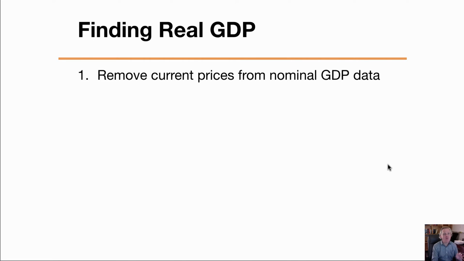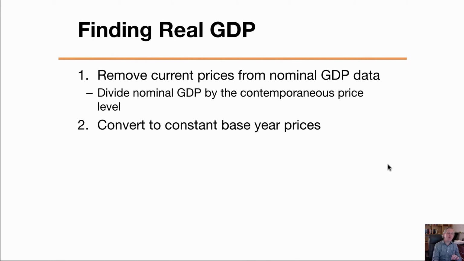Well, we remove current prices from the nominal GDP data. We divide nominal GDP by the contemporaneous price level. So we deflate GDP. That's why it's called the GDP deflator. We're going to convert to constant base year prices. And again, it depends on your particular question what year you use as the base. Some people will use the last year of the analysis. Some people will use the first year.